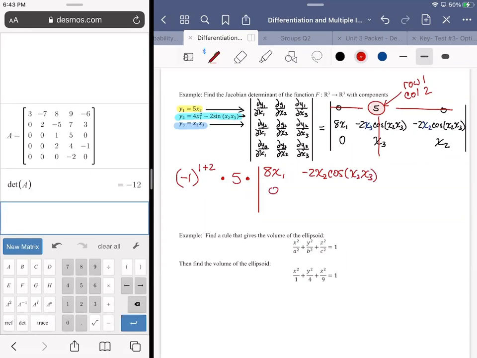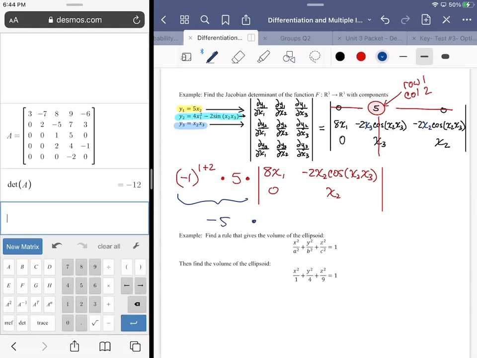Never been happier to see a 0 as an entry. We have the x sub 2. So then we can apply our diagonal down, diagonal up here. We know that this one, that's like 5 for 5. Negative 1 to the third power is negative 1, so that's going to give me a negative 5.